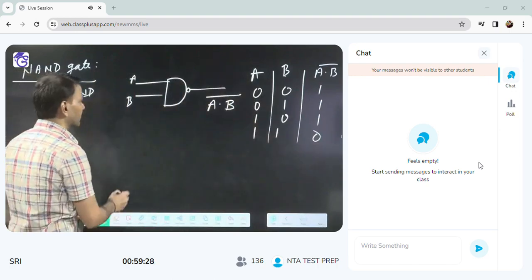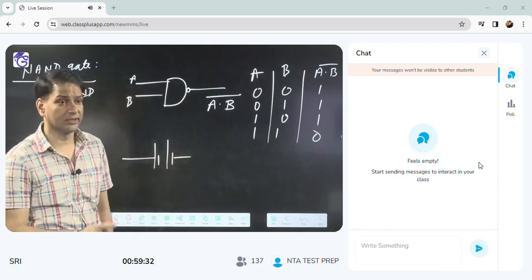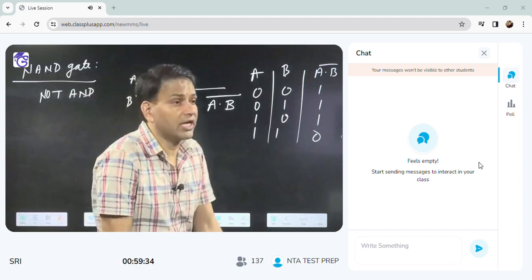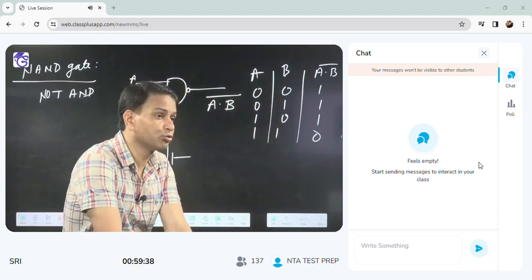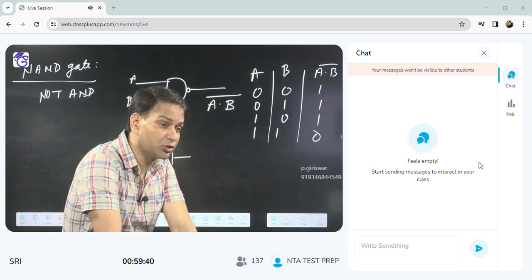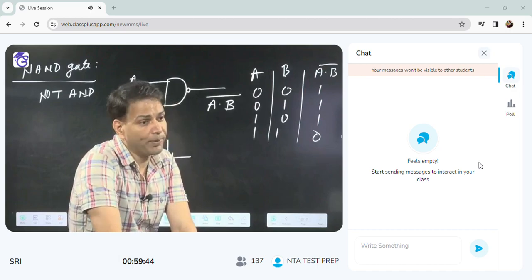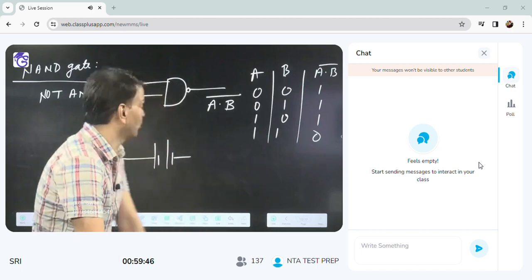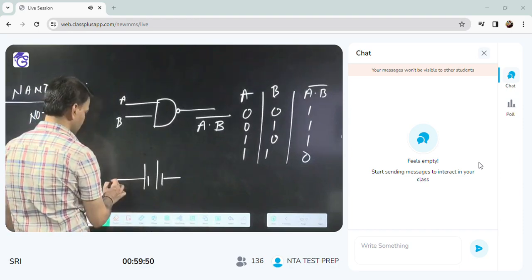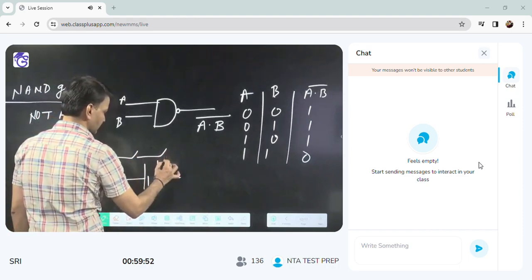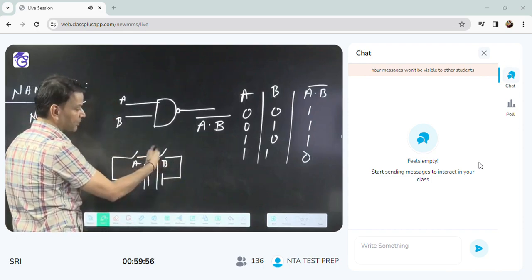And the NAND gate circuit diagram. You can see, when both switches are getting current, then only the bulb is not getting current. But when any switch is open, then the bulb is getting current. Both switches A and B are in series, so if they are getting current, the bulb is not getting current.